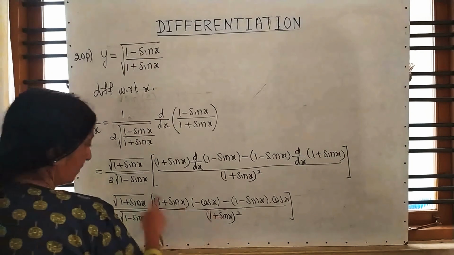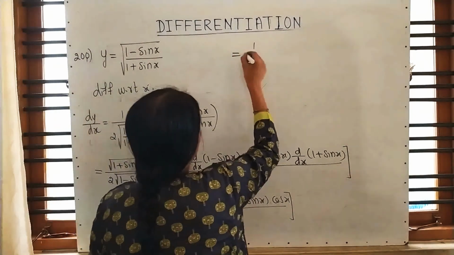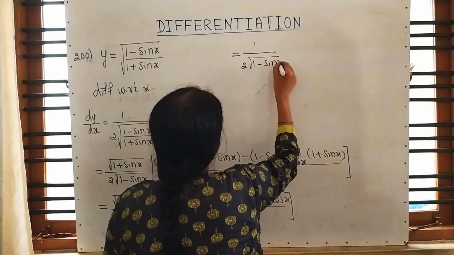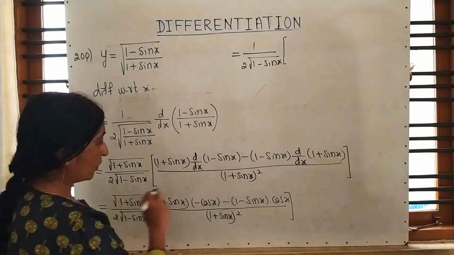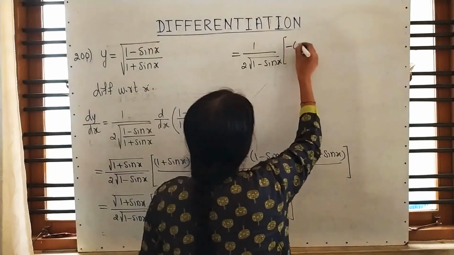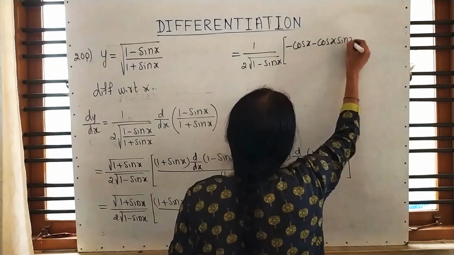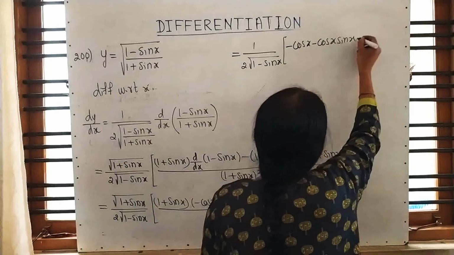This term and this term are similar. I am taking that in the denominator. And in the numerator I am removing a bracket. It is minus cos x. Minus cos x into sin x. And this minus and cos x I am taking at the same time.